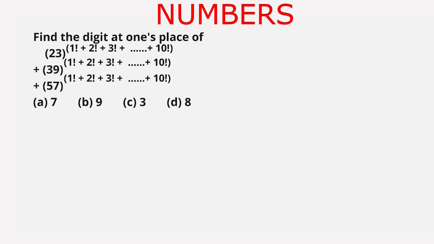So we have to find the value of 1 factorial plus 2 factorial plus 3 factorial. 1 factorial is 1 plus 2 factorial is 2 plus 3 factorial is 6, and this is equal to 9. And 9 when divided by 4 leaves the remainder 1. 4 times 2 is 8 and 9 minus 8 gives the remainder 1.